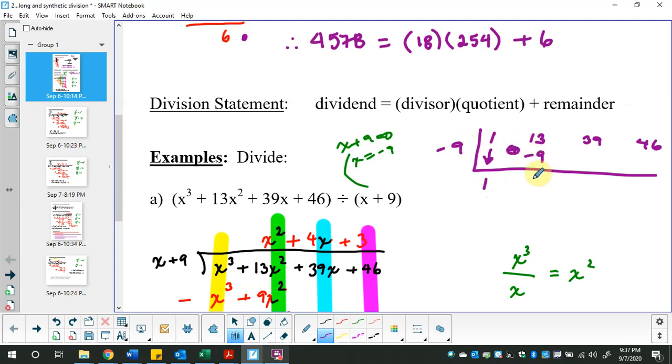add. So that's 4. You multiply this number out front by the next number underneath, place it here, add. Take the number out front, multiply it by the next number underneath, and add.